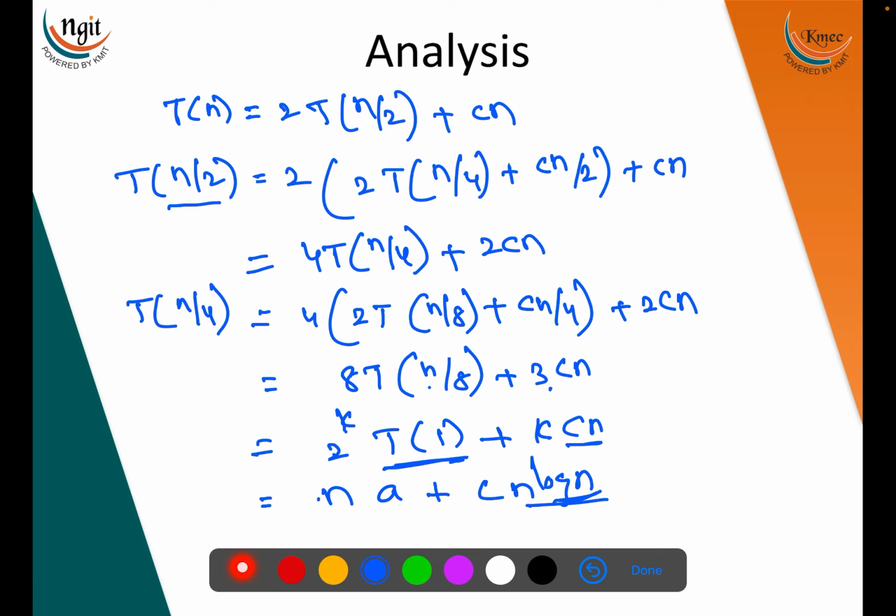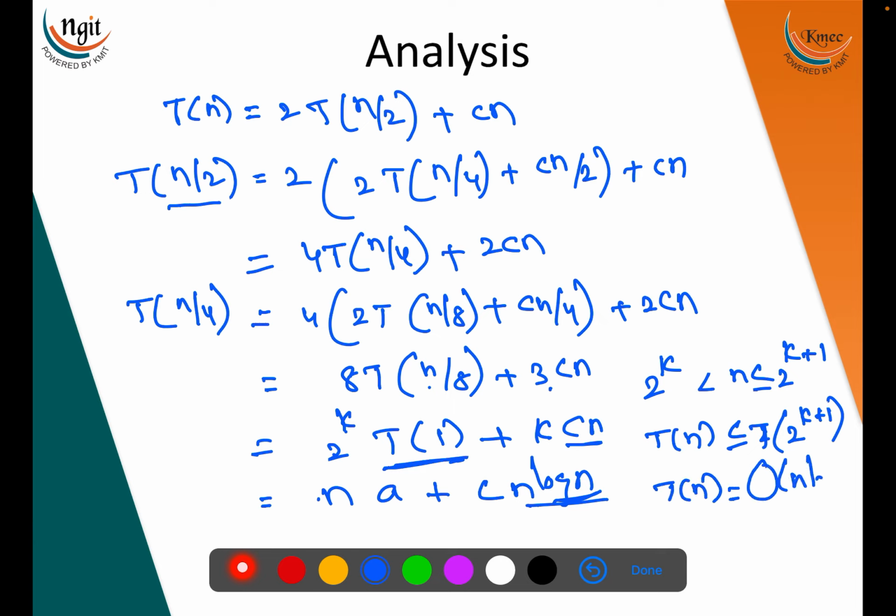So it is easy to see that if 2 power k is less than n, less than or equal to 2 power k plus 1, then T of n is less than or equal to T of 2 power k plus 1, which means T of n is equal to big O of n log n. This is the worst and average time complexity of merge sort.